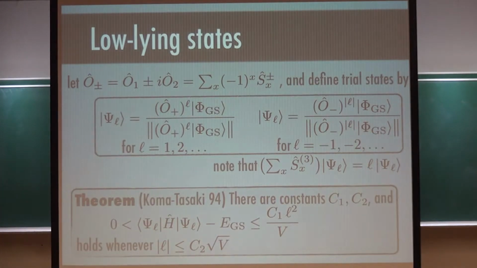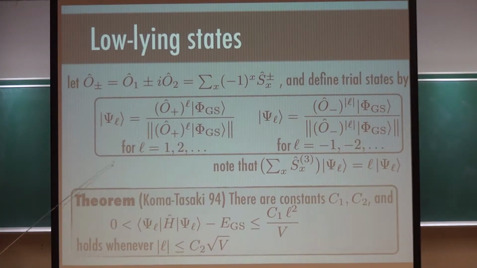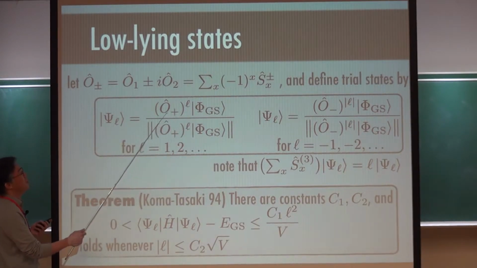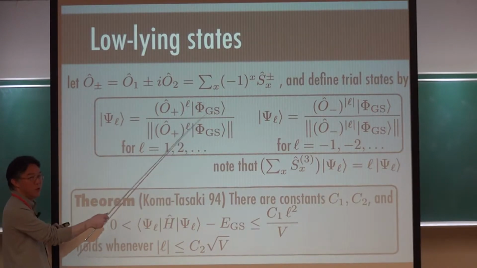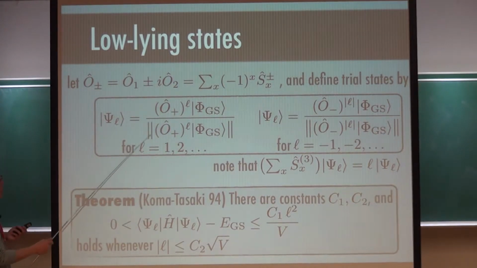And by using these raising and lowering operators, I define a variational state that I call psi L. I simply hit the ground state, which is highly non-trivial, I don't know what this is, L times with this O plus and normalize.